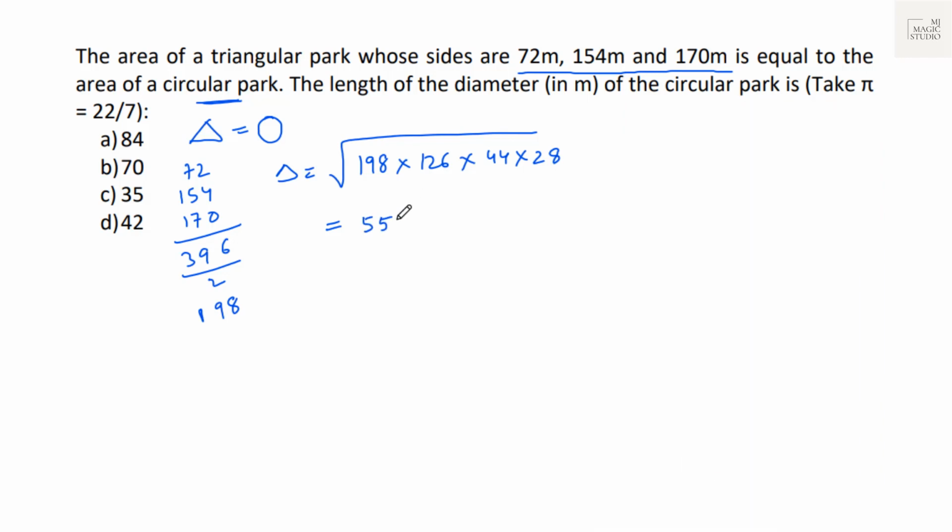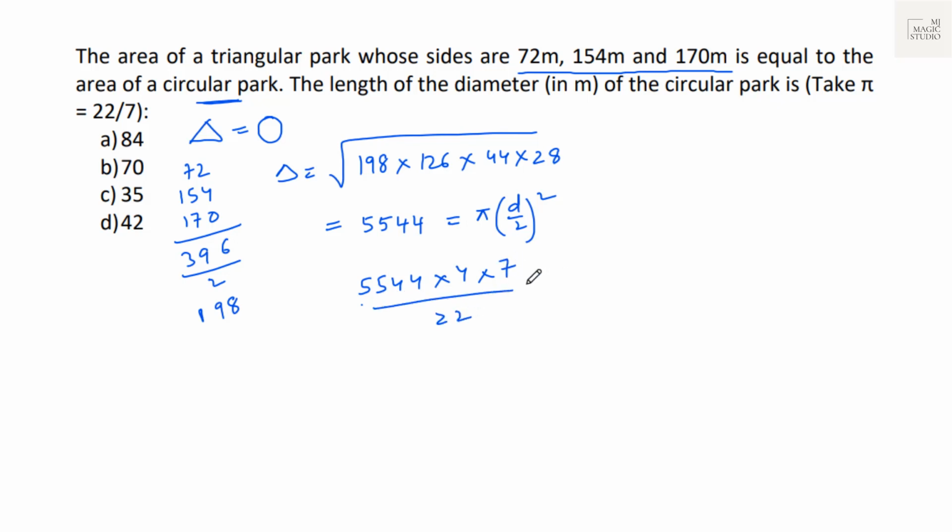So the area of the circle will also be 5544, which is pi r square, or pi into d by 2 whole square. Simple, as we are looking for the diameter. So 5544 into 4 into 7 by 22 equals d square, since pi is 22 by 7.